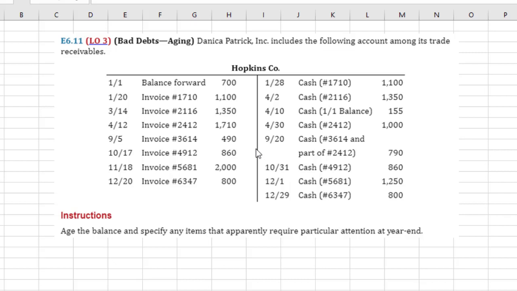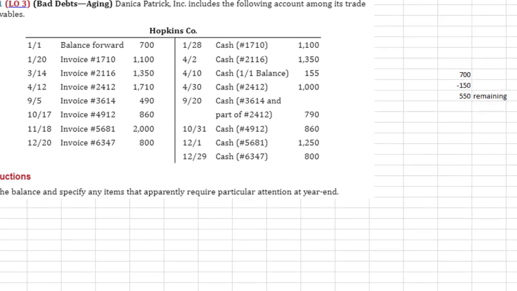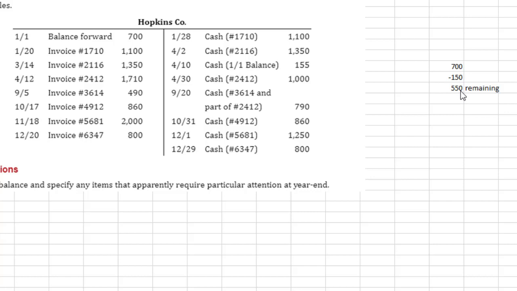Then you'll see a payment for the beginning balance of $155 was made. So that means that you didn't receive the entire amount. So you had a balance of $700 and you received $150. And so now you have the difference. So currently that beginning balance has $550 remaining.